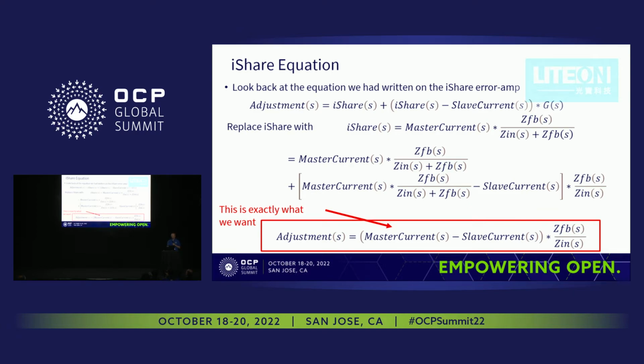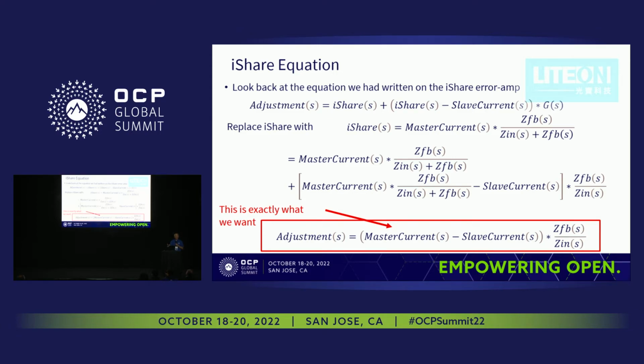After going through all the algebra that we already know since grade 9 or whatever, in the end it will cancel each other, and then you will come up with the equation that has only the master current minus the slave current times the gain.